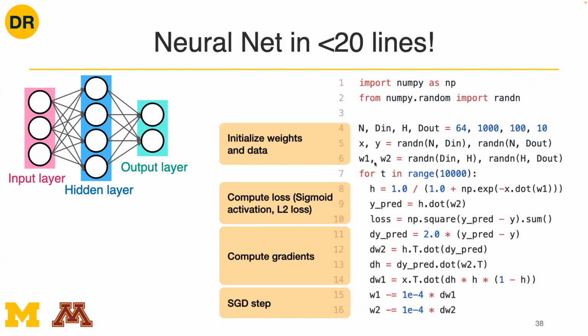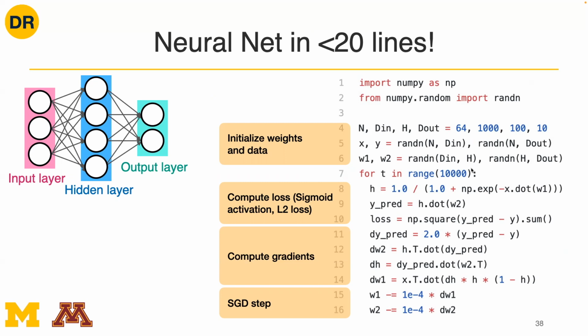You can see here, for example, we're initializing for a 2-layer neural network two weight matrices, where the dimensions of the first weight matrix are the input dimension of the data and our chosen hidden dimension. For the second weight matrix, it's the hidden dimension, treated as input to the second layer, and finally the output dimension for the overall network.